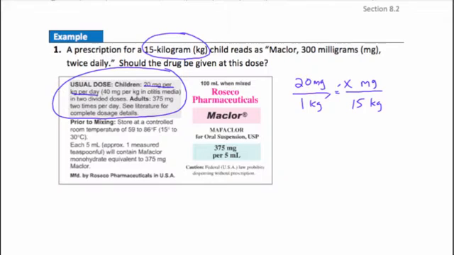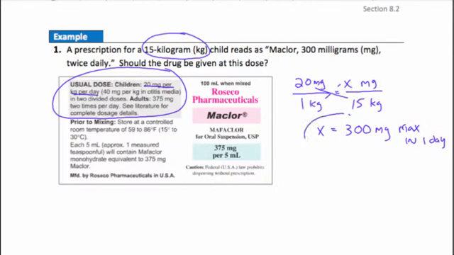On this diagonal, X times 1 is just going to give us X. On the other diagonal, I'm going to go 20 times 15. It's going to give us 300. So that is 300 milligrams. We solve for X and find that 300 milligrams is the max that can be given in a day.